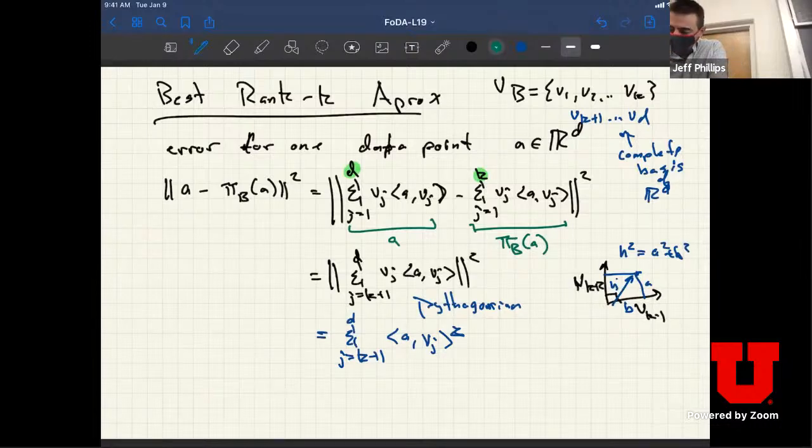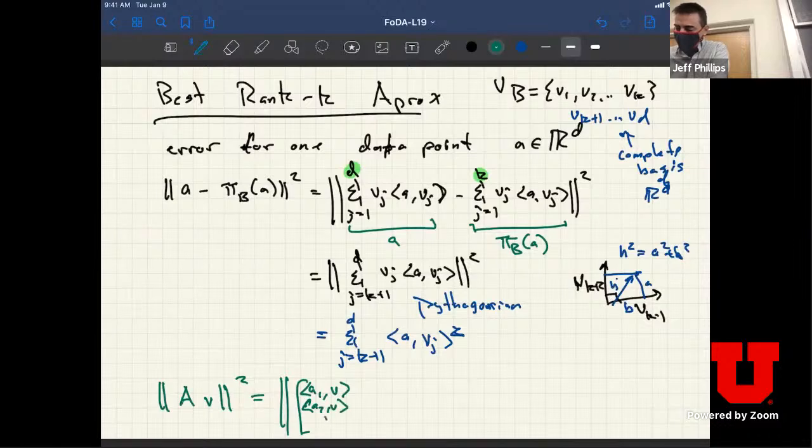So I want one other property here. I want to remember that if I take some vector v, I can think of this as the vector a1 dot v, a2 dot v, up to an dot v, right? If I do A times v, I get out an n-dimensional vector, and I'm taking the squared norm of this vector, and the squared norm is just the sum of the squares of the components, right?